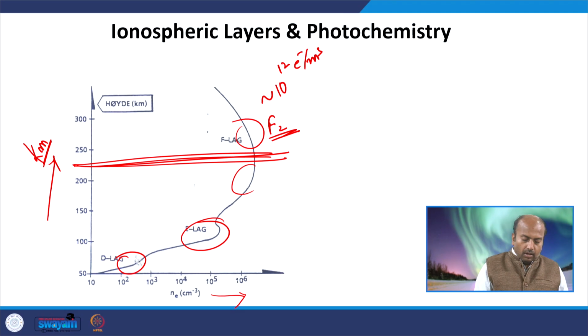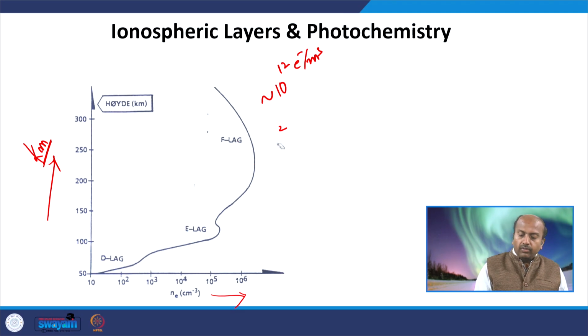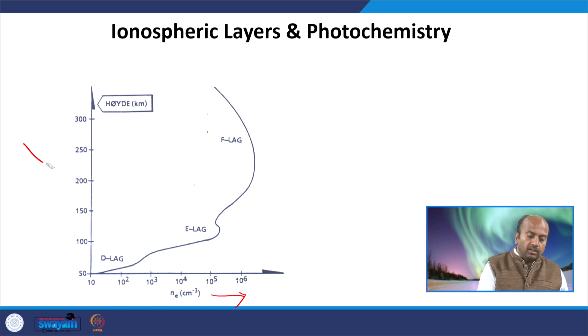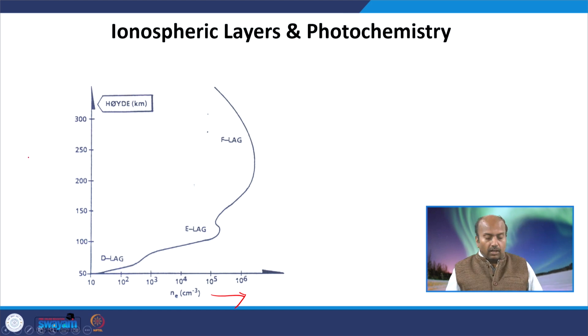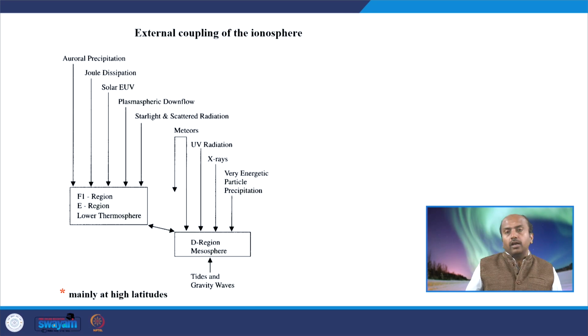Okay. Now, we will see what different types of ions exist, compensating the total strength of negative charge density. In how many ways is the ionosphere coupled? We've already seen what the sources of ionization in the Earth's ionosphere are. In this figure, we see the different processes and many phenomena which occur in the Earth's atmosphere at different altitudes.